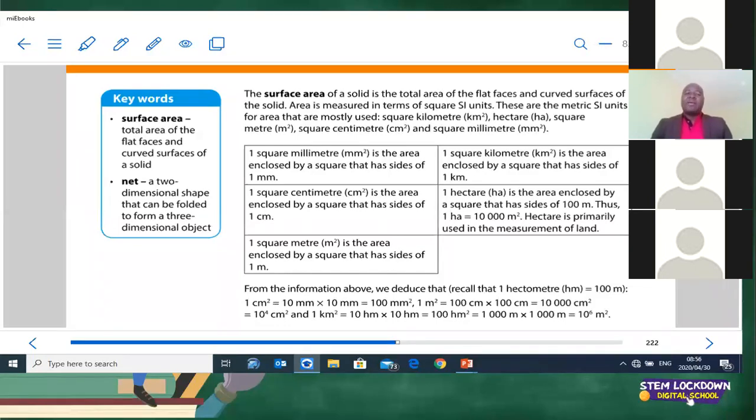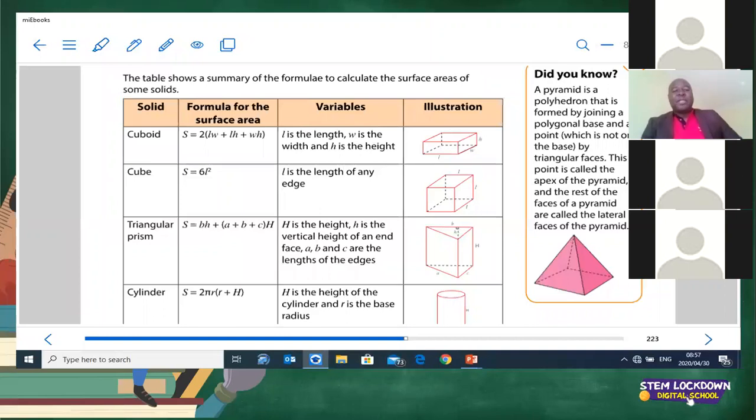Remember to always be able to convert your millimeters to meters. And of course, the net is defined as a two-dimensional shape that can be folded to form a 3D object.